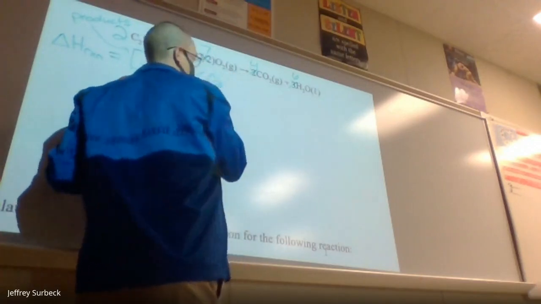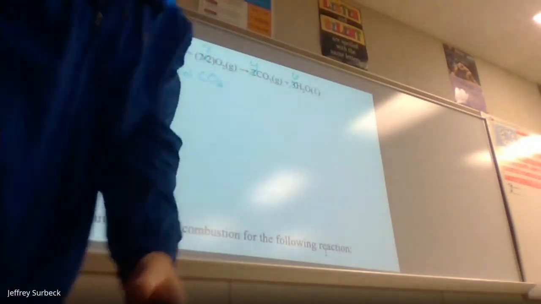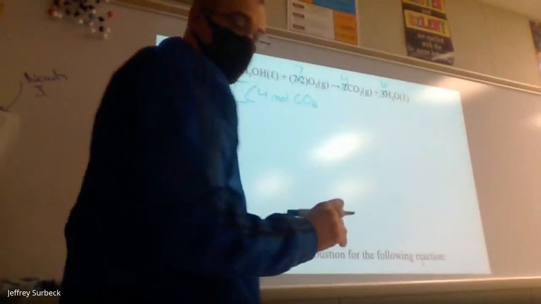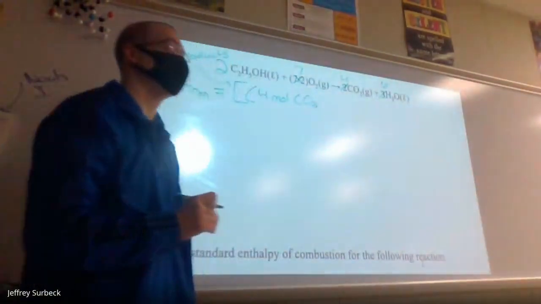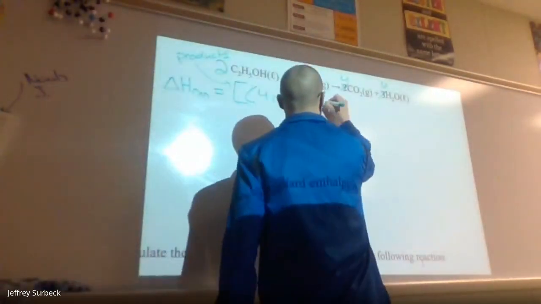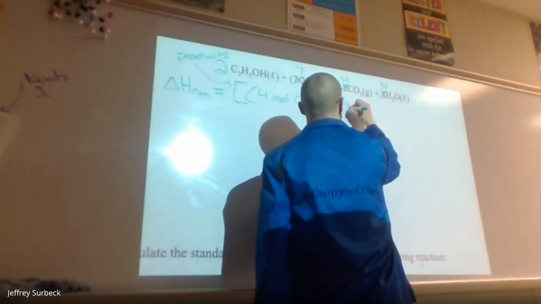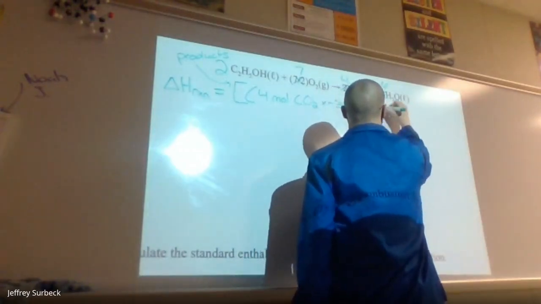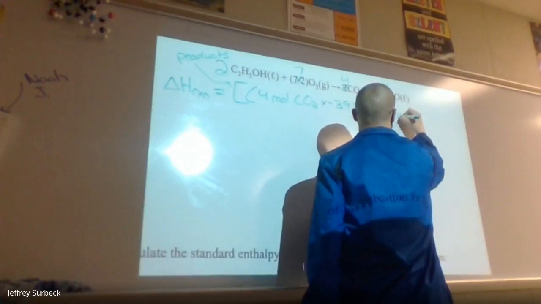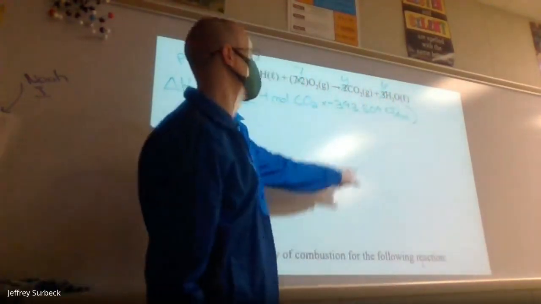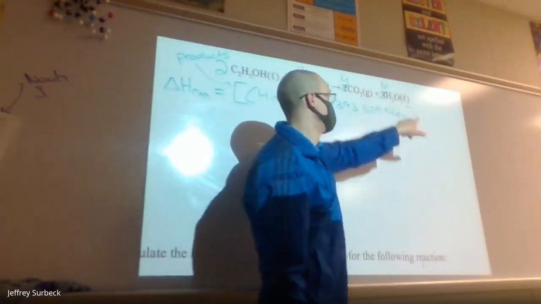And somebody tell me, if they can look up CO2 as a gas, what is that value we see for CO2? Perfect, negative 393.509, and that is kilojoules per mole. Great, fantastic. We close the parenthesis, and then just like our equation says, we have to add this other business.